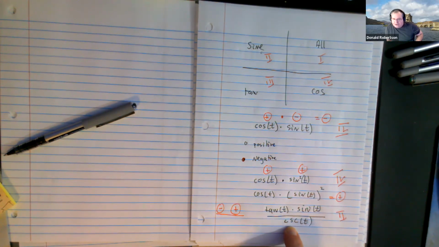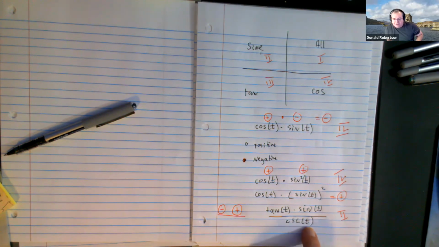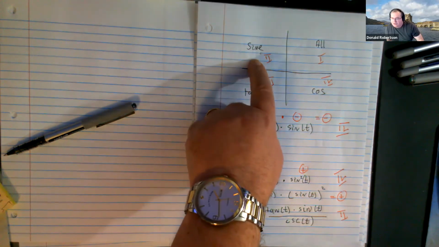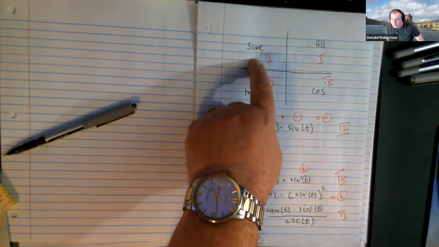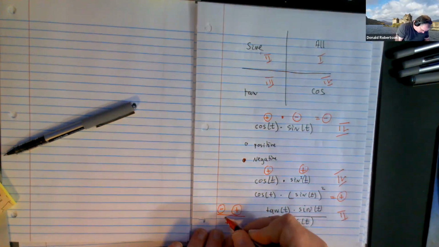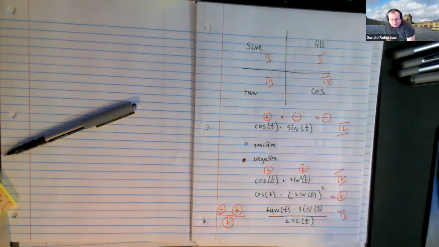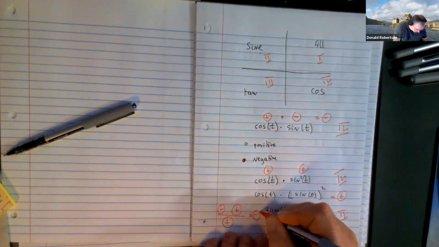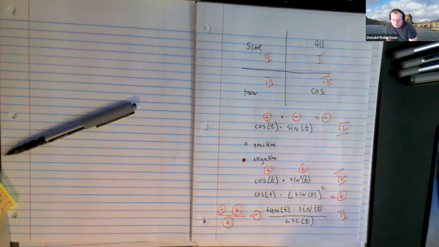So won't the cosecant do exactly whatever the sine does? So if the sine's positive, so will be the cosecant. Would you agree then that the cosecant of t in the second quadrant is also positive because the sine is positive there? What do you get when you have a combination of multiplying and fractions, made up of a negative and a plus and then another plus? Negative. And agreed. Does that make sense that that combination is negative?